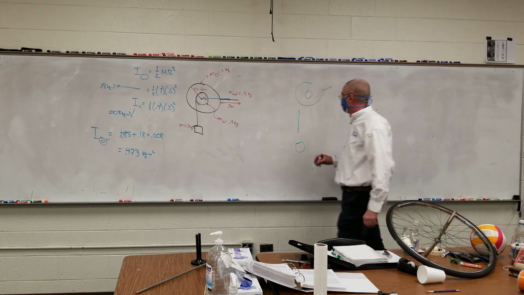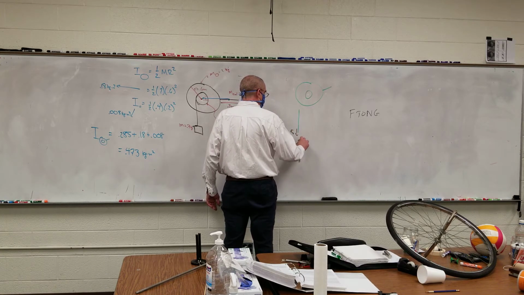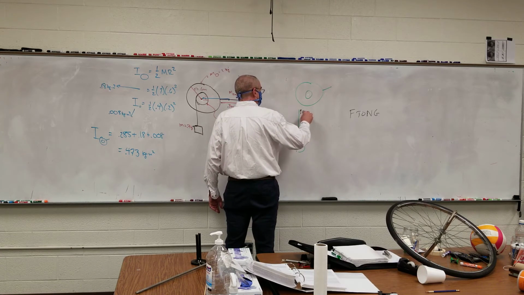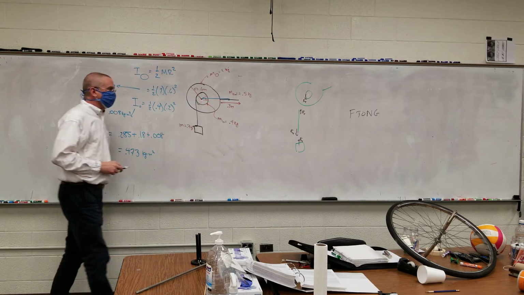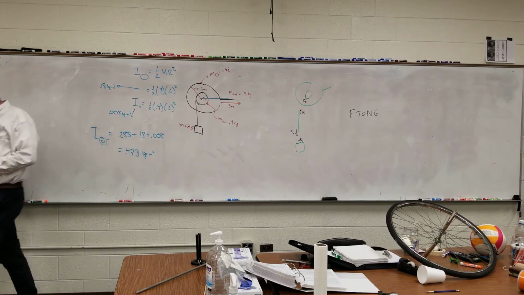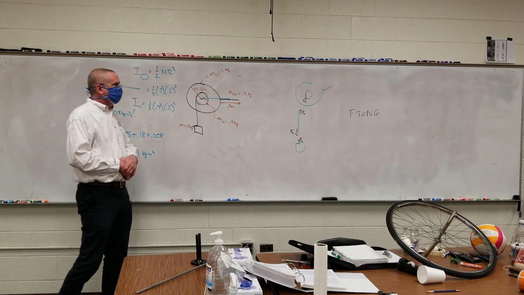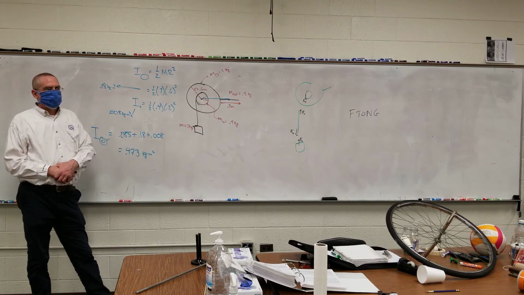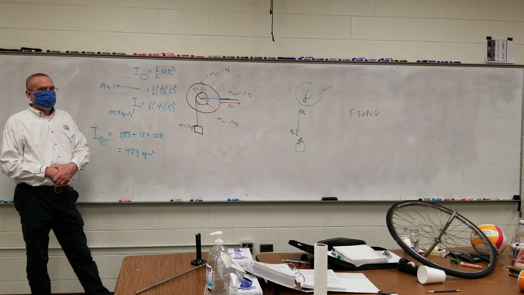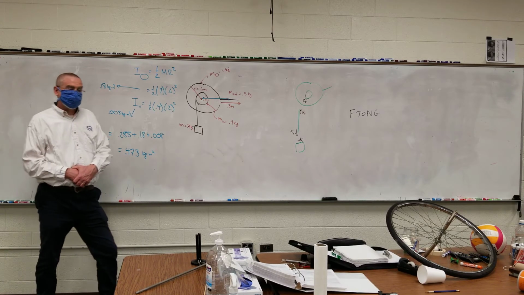Okay, we got tension on the rope, I got tension pulling down here, tension pulling up there, tension pulling up there, tension pulling down there. And the tension on the wheel is on the smaller wheel, because that's where the rope's attached. Right, so tension done.